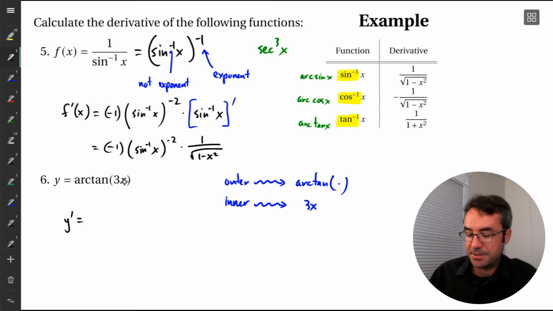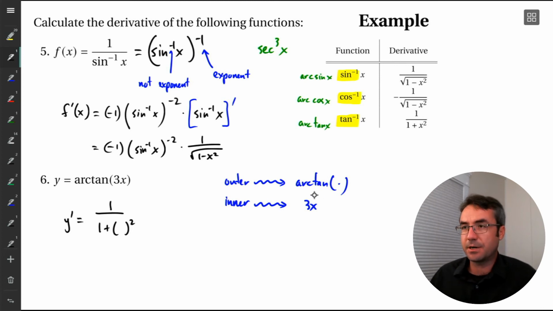My inner function is 3x, so the derivative of our outer function is 1 over 1 plus 3x, all squared. We keep the 3x the same.